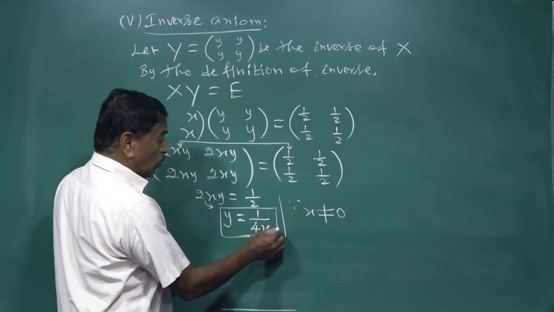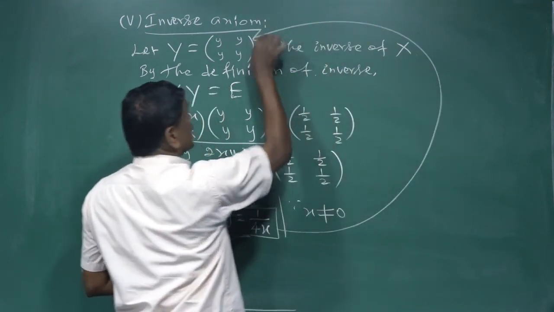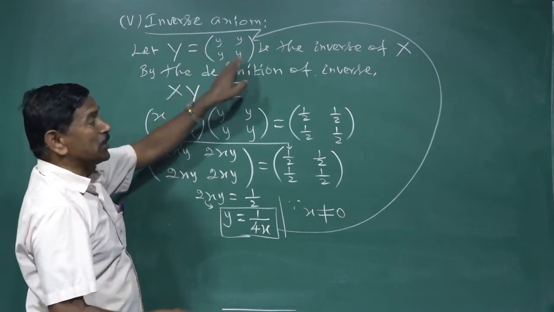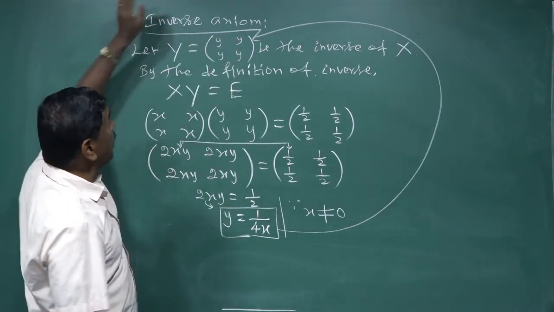So substitute y equal to 1 by 4x in the inverse matrix, because we need the answer in matrix form.